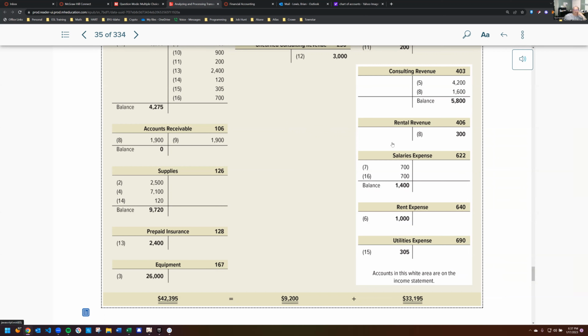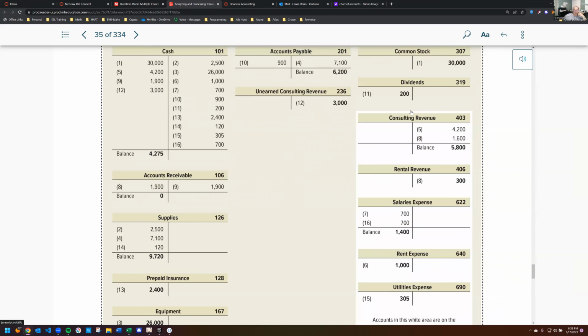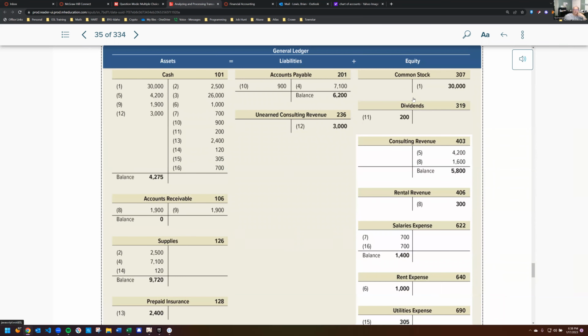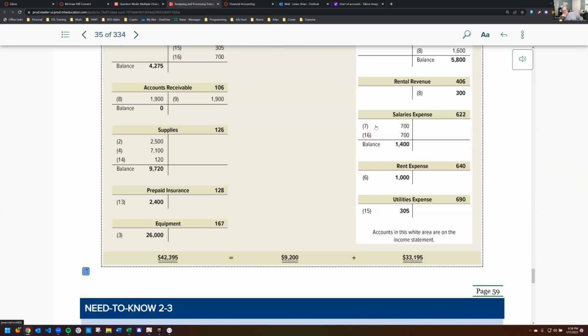That's why they highlighted all this, right? Accounts in this white area are on the income statement. They're really not on the balance sheet because they're just getting used to the idea that these revenue and expense accounts flow into equity. But in reality, they flow into the retained earnings account of equity because it all gets summarized. And you'll learn that later on.